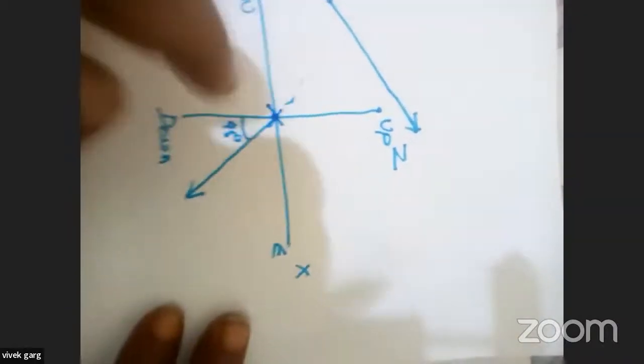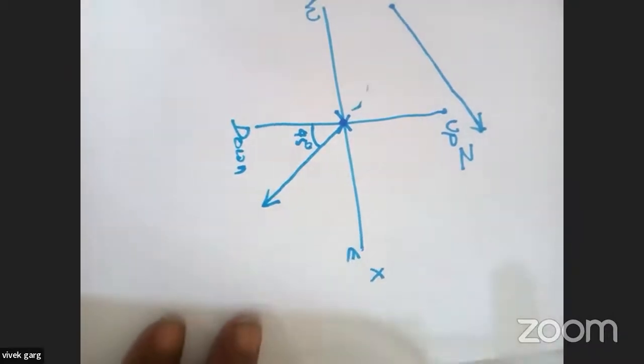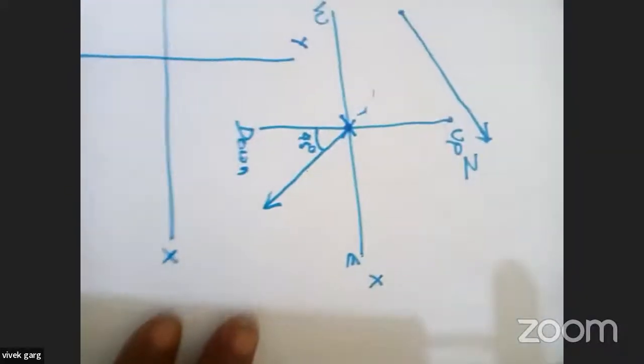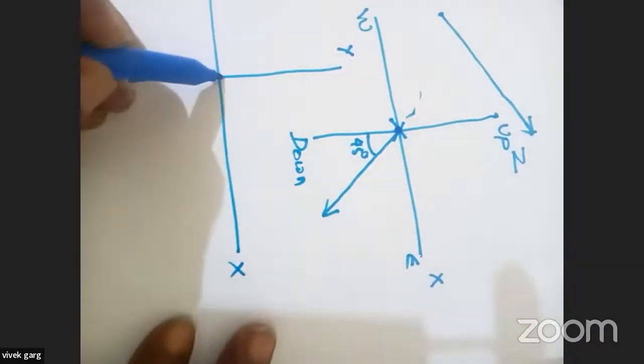So the y-axis is inward, and then the z-axis. Now here's the best part. Both the x-axis and the y-axis are horizontal lines. There's only one vertical line, which is the z-axis.